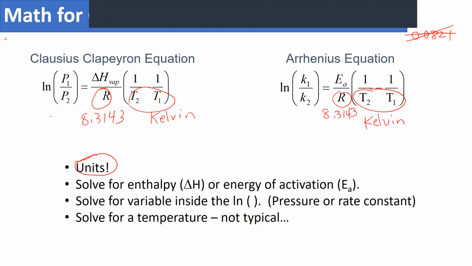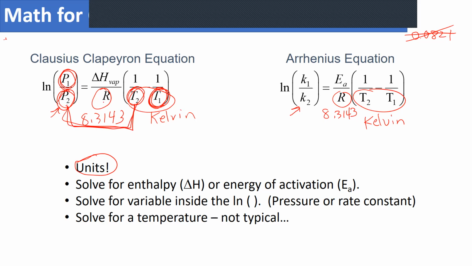For the Clausius-Clapeyron, you have pressures, and for the Arrhenius, you have rate constants. So the last tip is making sure that when you plug in for pressure 1, you put temperature 1 in the correct location. And when you plug in for pressure 2, you put temperature 2 in the correct location, because these are paired values.